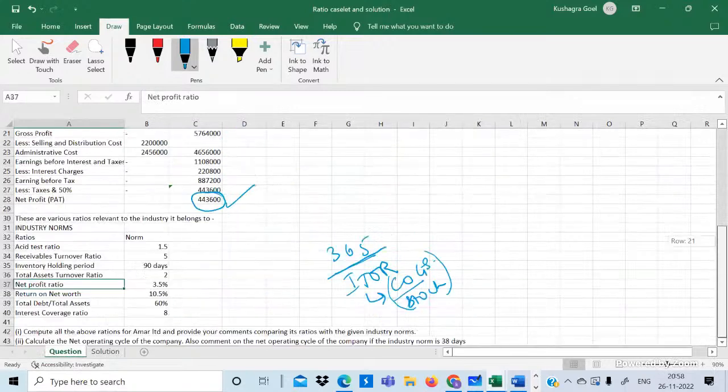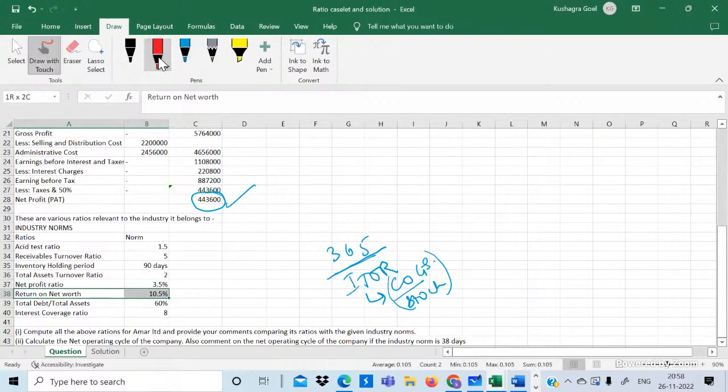Let's look at the next ratio. Next ratio is return on net worth. How do you calculate return on net worth? Return on net worth is nothing but return on equity. So return on equity will be what? You look at your net profit and divide it by the shareholders' fund.